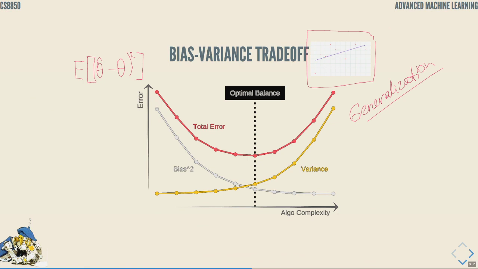And generalization error goes down, so decreases with algorithm complexity. So when we're here, this regime is called underfitting.